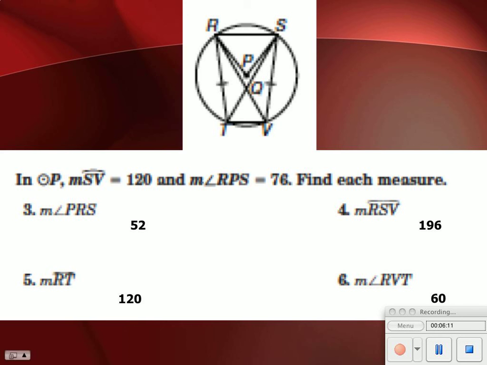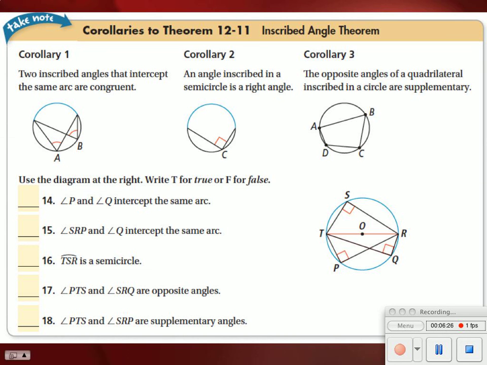Corollaries to theorem 12-11. There are 3 corollaries to theorem 12-11, the inscribed angle theorem. First one: 2 inscribed angles that intercept the same arc are congruent. So in my picture, angle A and angle B both intercept the blue arc, so those 2 angles are congruent.